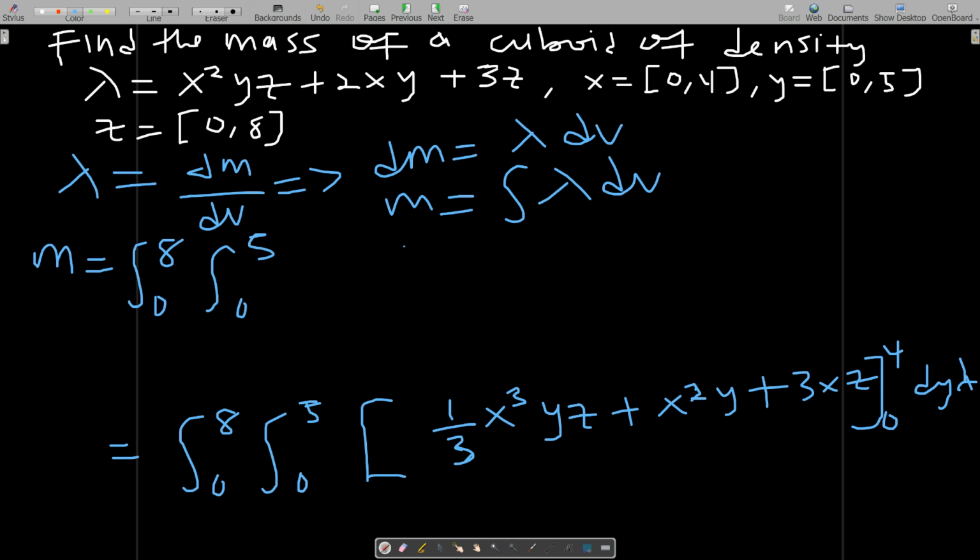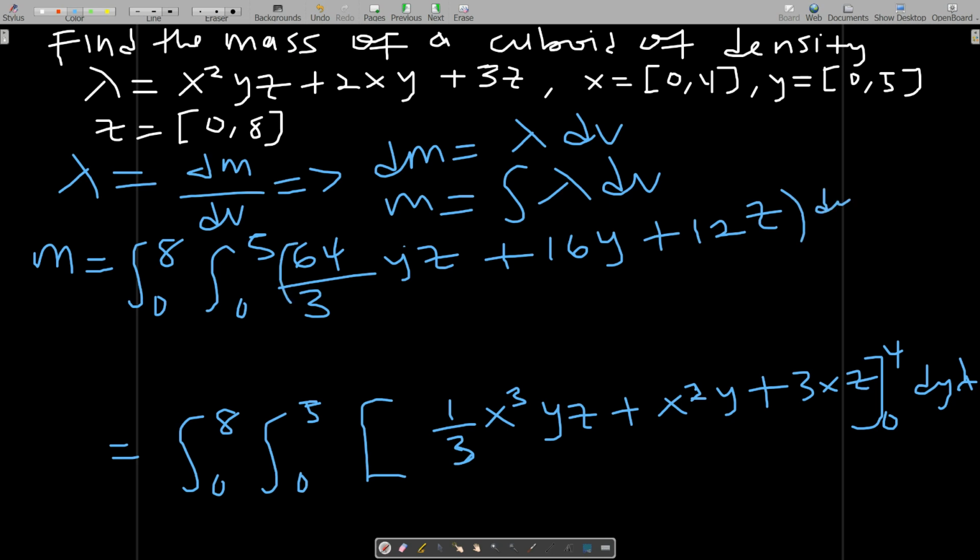Putting 4 and 0 in, I'll get 4 cubed, and 4 cubed is 64, right? So I get 64 over 3 yz, plus 4 squared, which is 16y, plus 3 times 4, which is 12z, then dy dz.